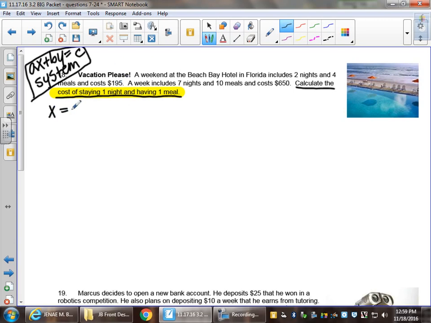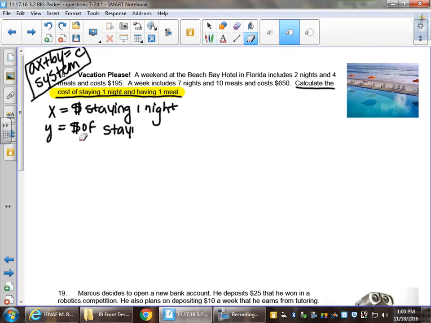From the question, I will let x be the price or the cost of staying one night, and y will be the price or cost of one meal.